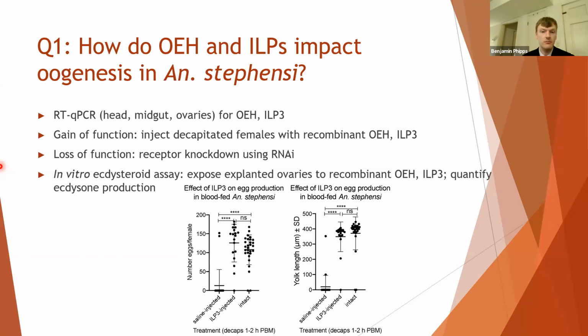And so to answer whether they are, and also whether they're primarily expressed in the brain, I'll conduct RT-qPCR in the head, midgut, and ovaries to measure transcriptional expression of these hormones in blood-fed versus sugar-fed mosquitoes.